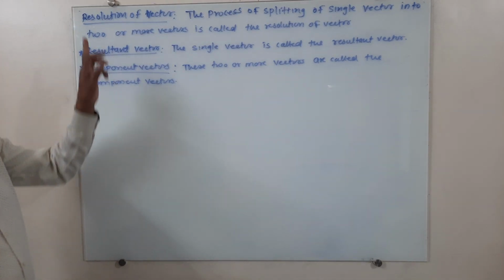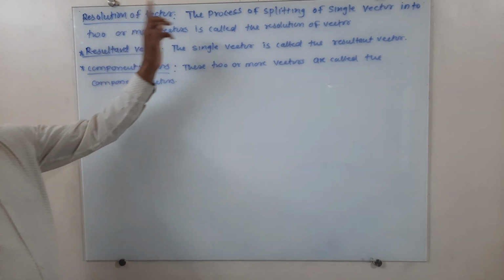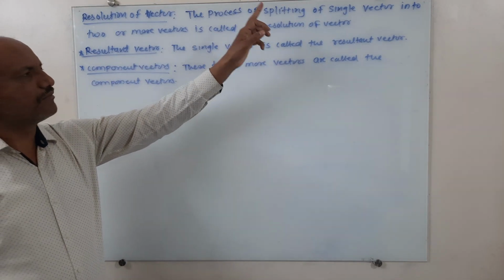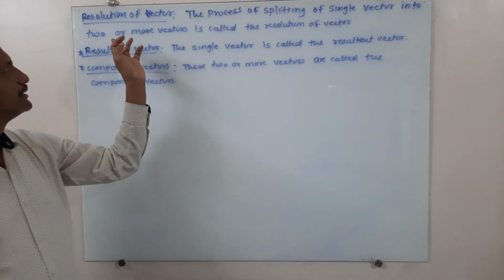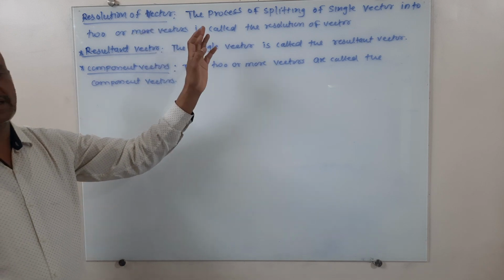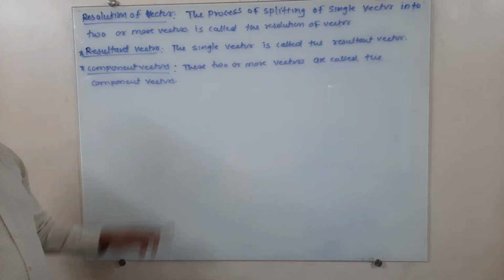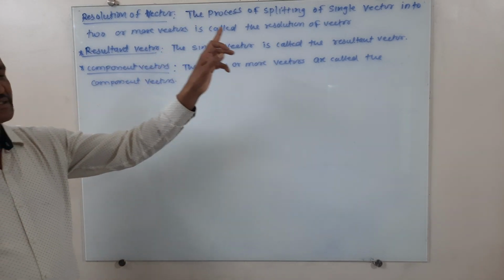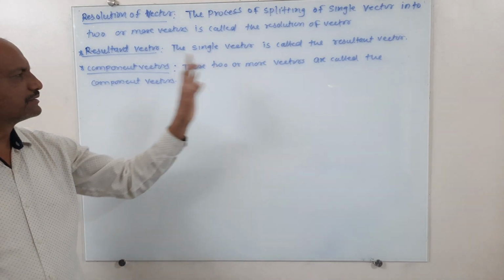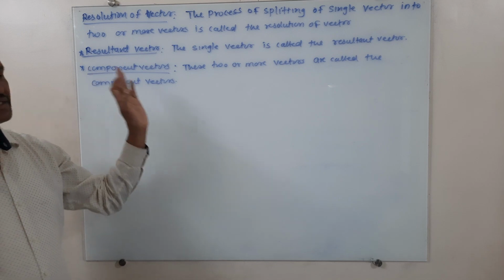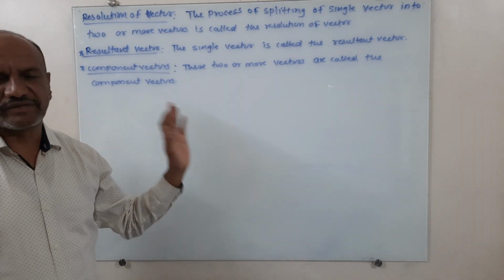Listen carefully. Once again, resolution means the process of splitting of a single vector into two or more vectors is called as the resolution of vector, and the single vector is called as the resultant vector. Two or more vectors are called the component vectors.